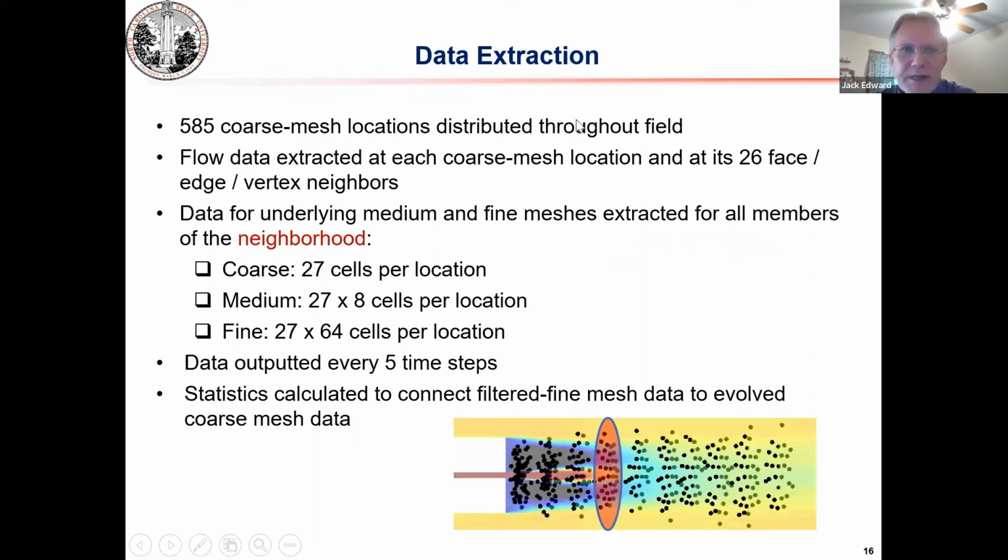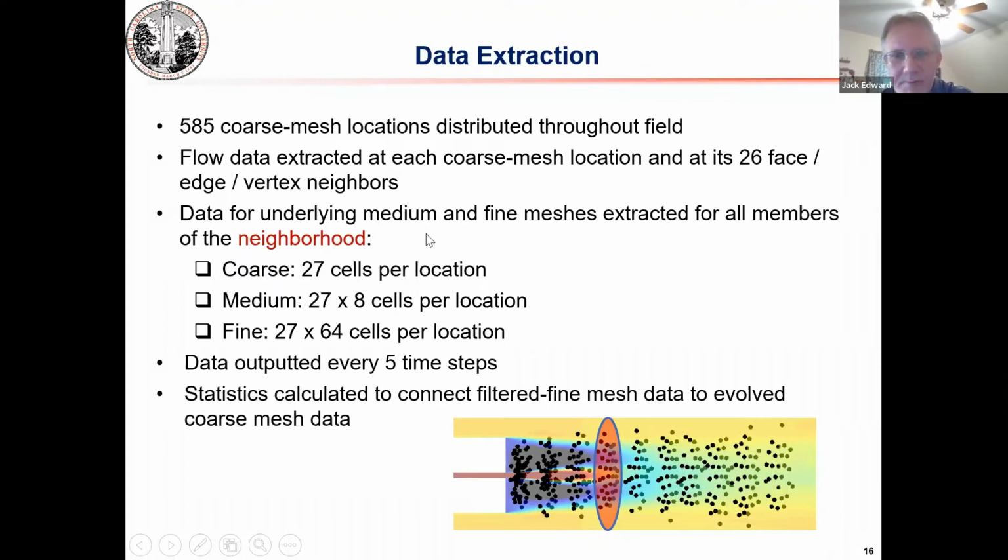So what do we do to get the data out of this? Well, what we did for this study is we pulled out 585 coarse mesh locations, and then from that we pulled the neighborhood data that surrounded that location out as well. So each coarse mesh location had a bunch of face and vertex and edge neighbors, so we pulled all that data out.